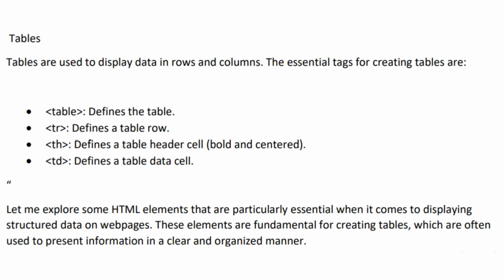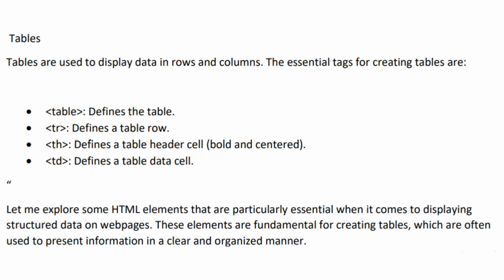Tables. Tables are used to display data in rows and columns. The essential tags for creating tables are: table defines the table. TR defines a table row. TH defines a table header cell, bold and centered.